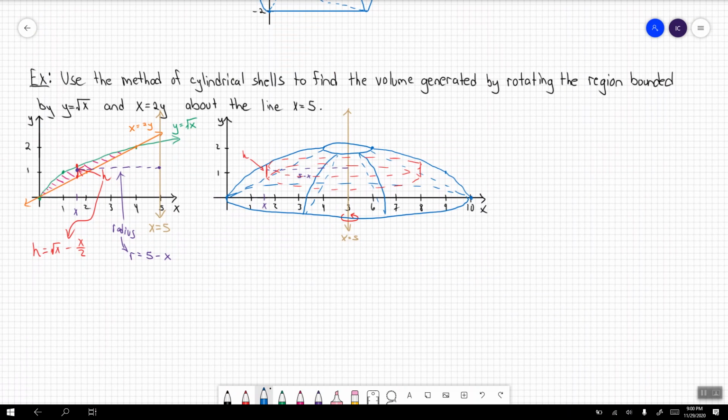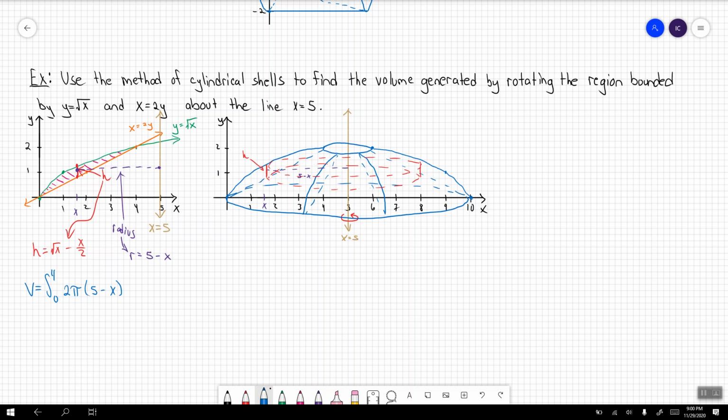So as I'm finding this volume for this figure, we know that we're integrating from 0 all the way to 4, because our sample point, meaning our radius that we're finding, is going to be in the x values, and that radius is 5 minus x. So here's your circumference, 2 pi times r, where r is this radius that we found, which is 5 minus x.